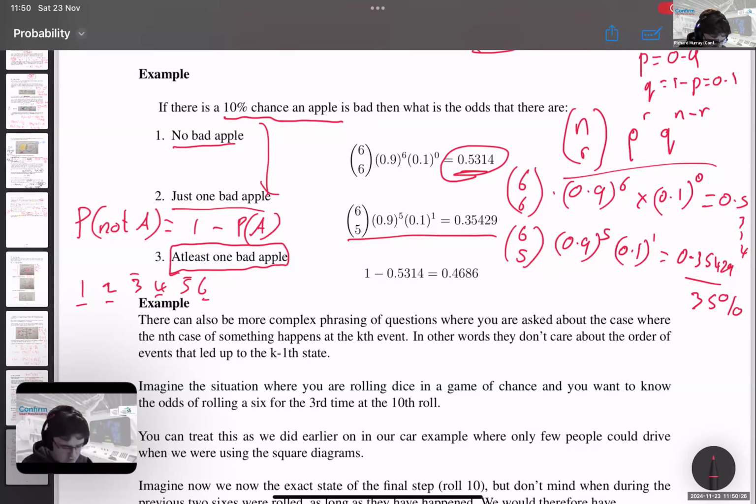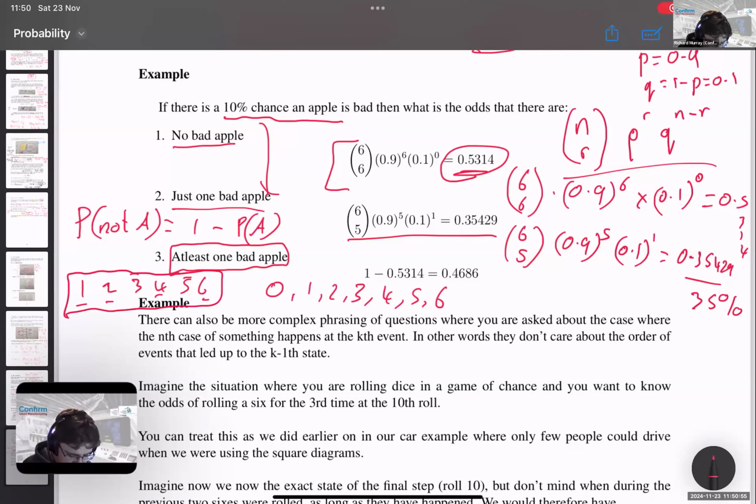Instead, we can use this complement structure, knowing that not A is equal to 1 minus A, to use this previously found value. So we know that in total we can have 0, 1, 2, 3, 4, 5, or 6 bad apples. At least one bad apple corresponds to these 6 cases.